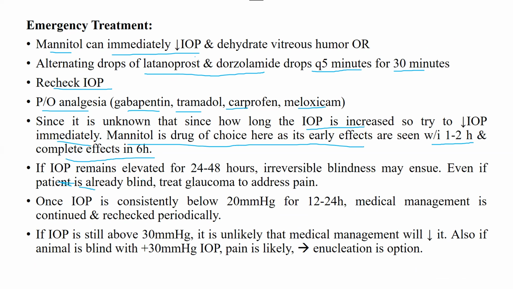Then, if IOP remains elevated for 24 to 48 hours, even after we have done the above therapy, irreversible blindness may ensue. Even if the patient is already blind, you have to treat at least for pain, and you can then go for enucleation or chemical ablation that we have talked about, because IOP is not getting decreased by the big guns.